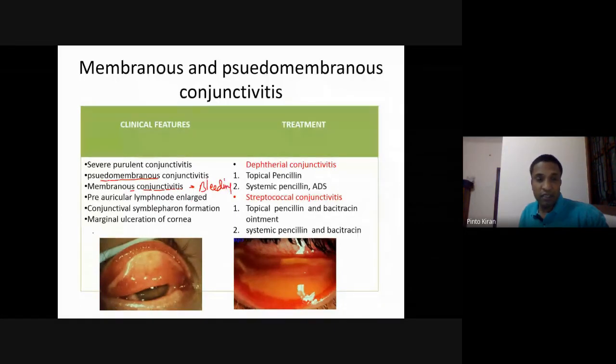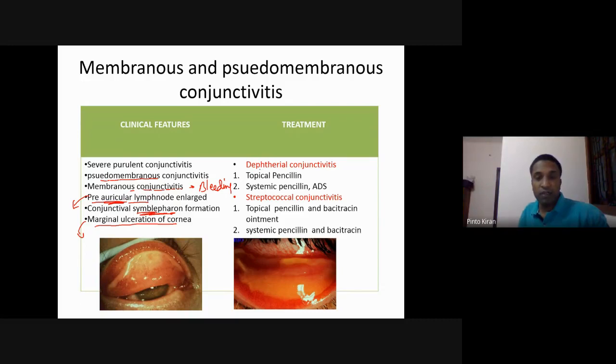Bleeding will be present. And as I told you, in all bacterial or viral conjunctivitis, you will have preauricular lymph node enlargement. Whenever you try to remove the membrane, you are going to cause damage, and then there will be formation of symblepharon. And whether it is staphylococcus or streptococcus, whichever, that will cause a marginal corneal ulceration. That you have to remember.